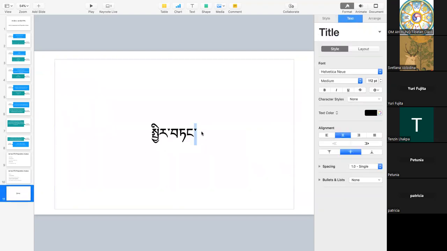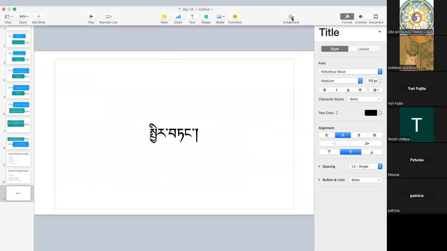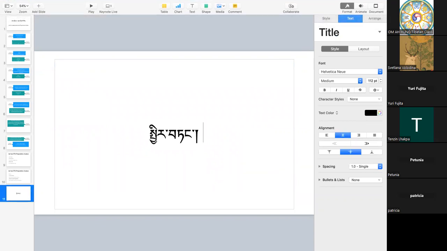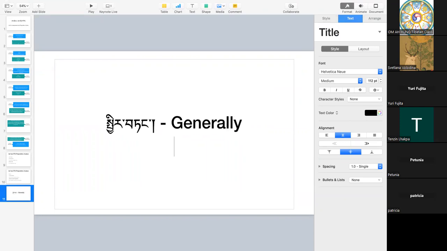Maybe I should write these here so that you can use them later. These could be some of the words that you can use later.